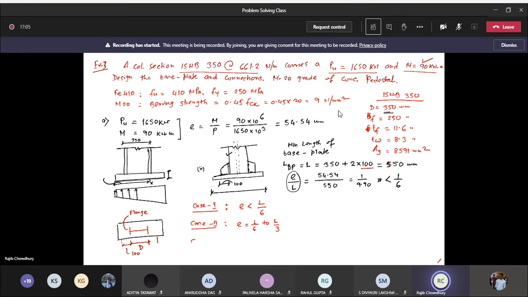And case 3 would be e greater than L by 3. So for this particular case, if it becomes like this, then the entire base plate is under compression.